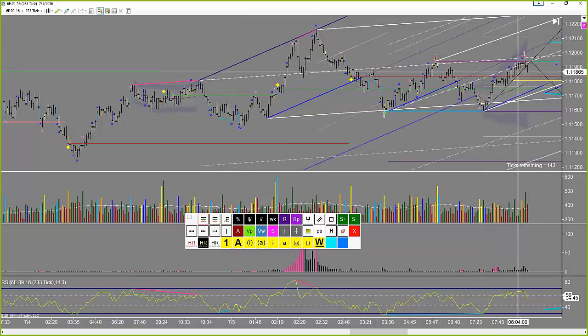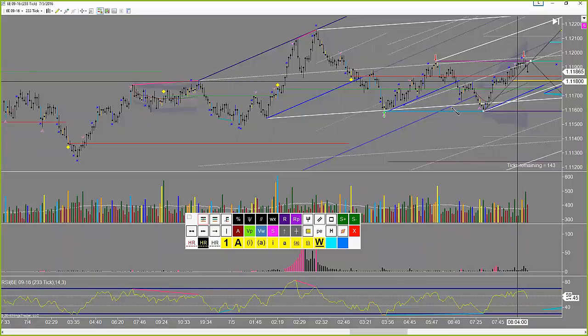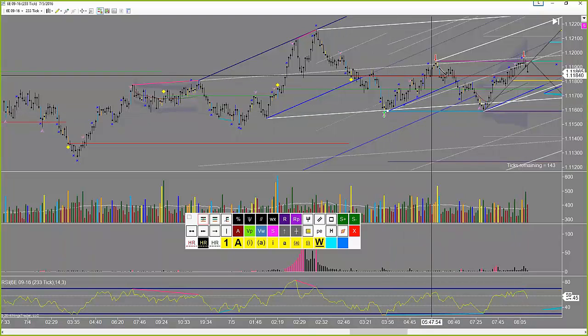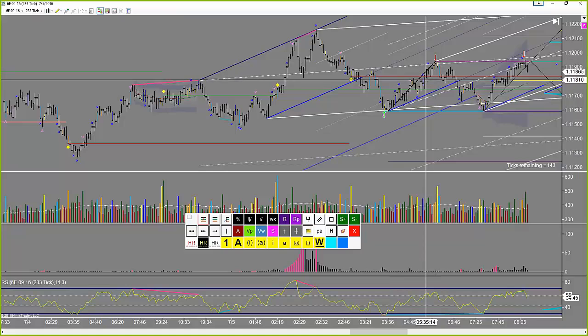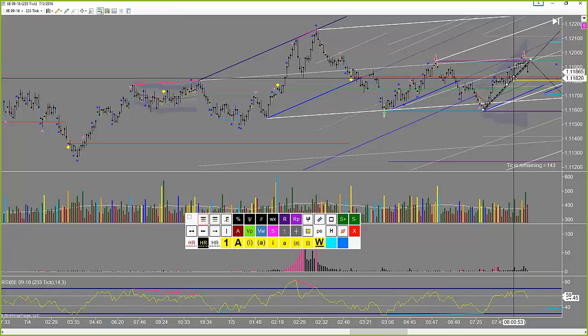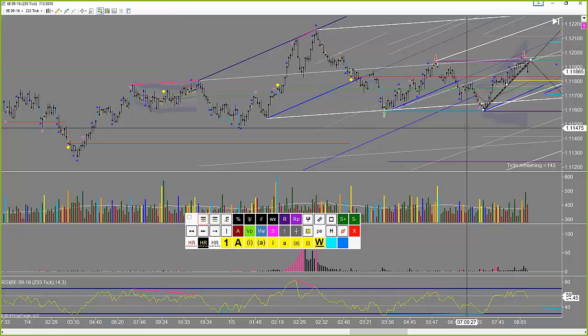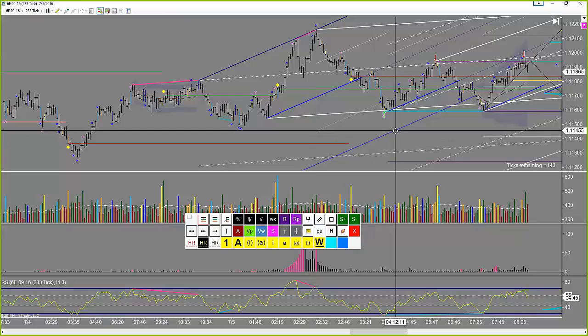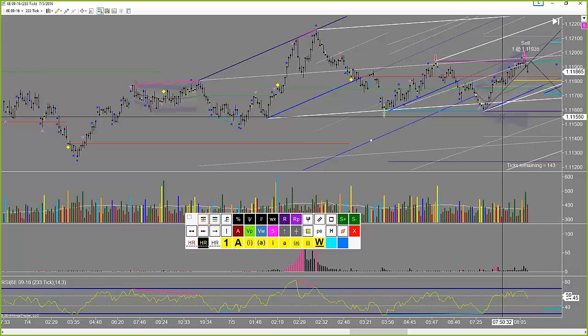So that would be the symmetrical move. So this move from here to here would be almost identical to this move. You see? And then we broke down pretty quickly. That's where I entered, right at the high there, and just didn't quite get filled on the other 2 contracts.